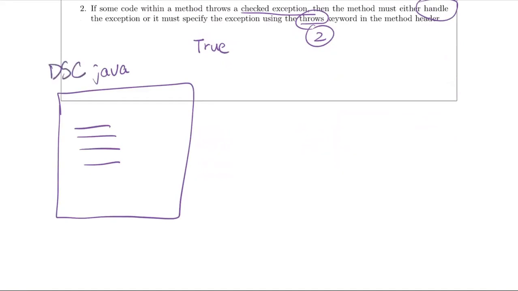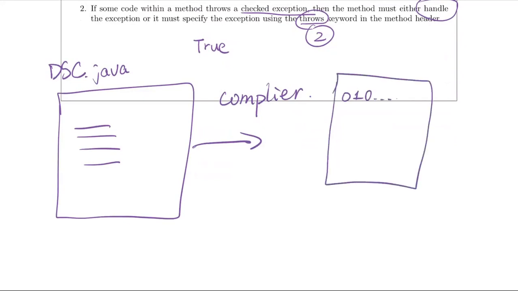DSC, whatever. And then you need to feed this into a Java compiler to compile it into binaries, or universals, that is considered like 0, 1, 0, in a file that the computer can recognize. And then you execute it.